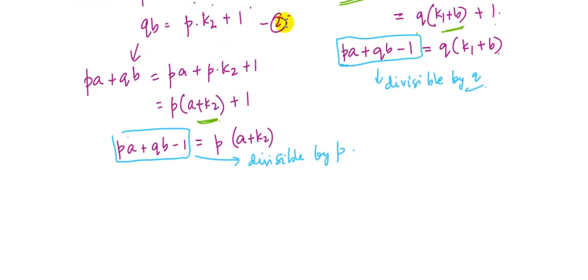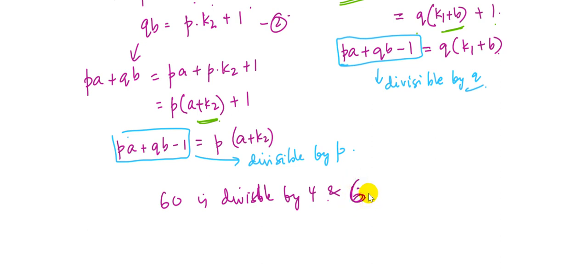Suppose you take any number, 60. 60 is divisible by 4, it is also divisible by 15, and let's say it is also divisible by 6.